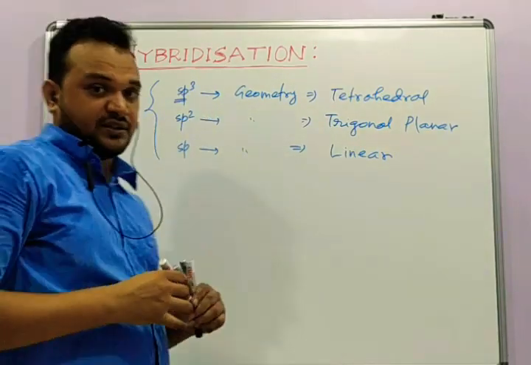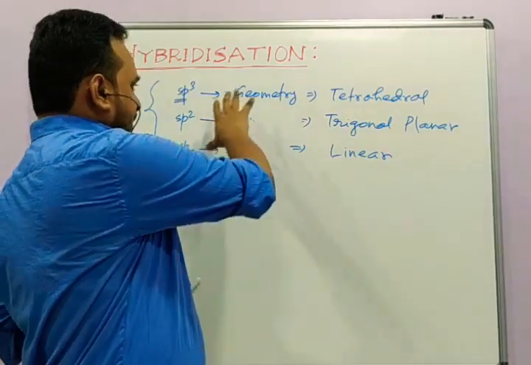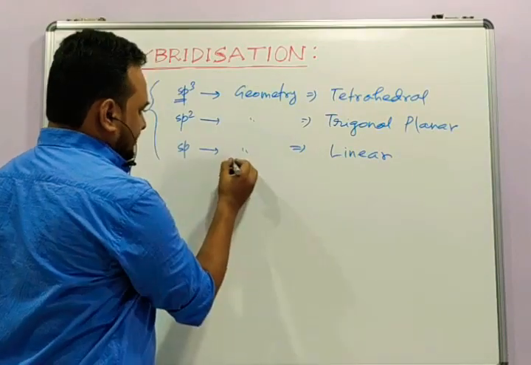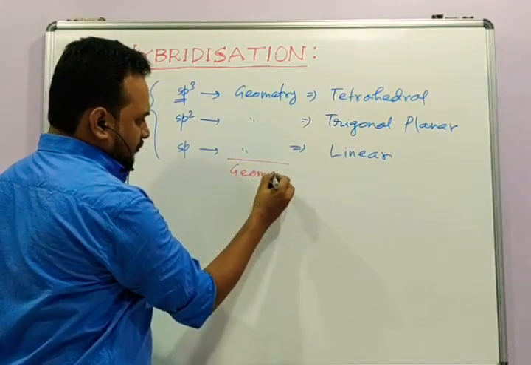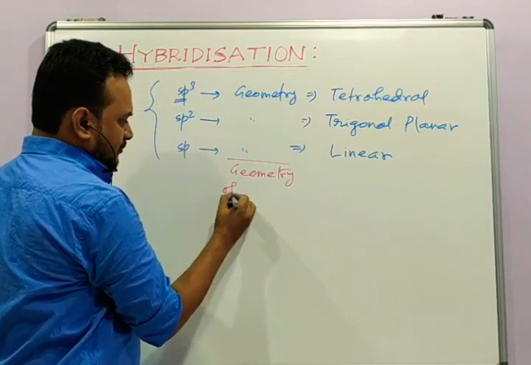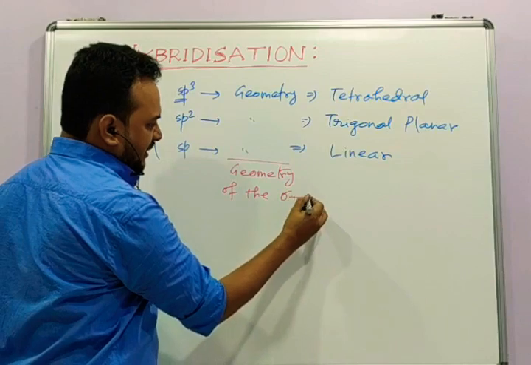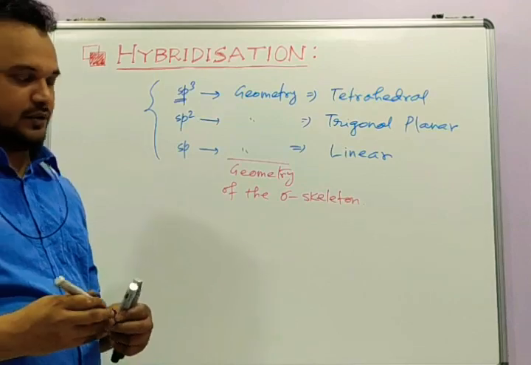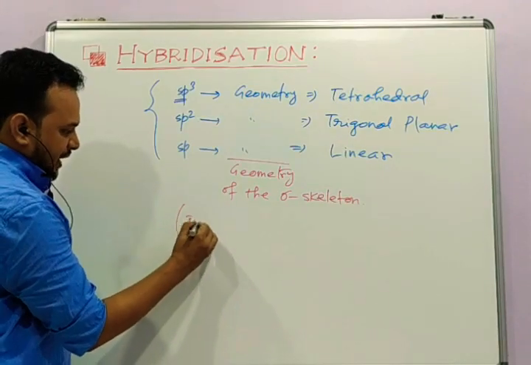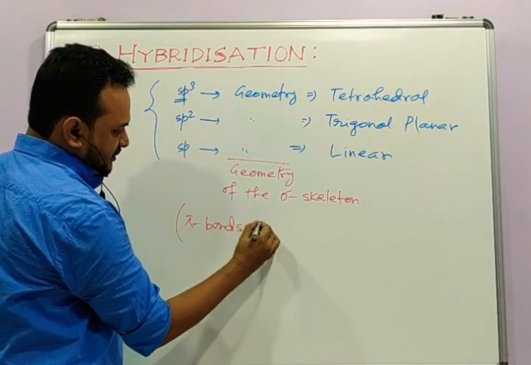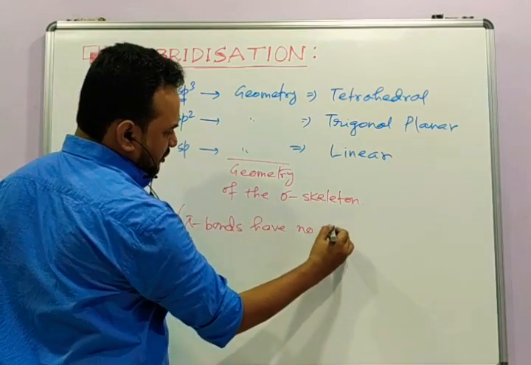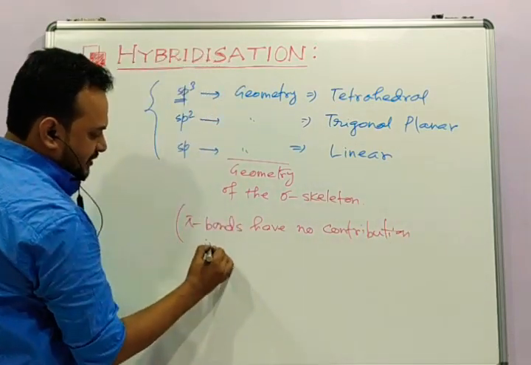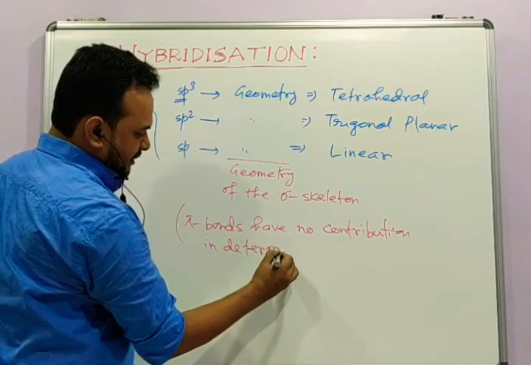Now remember one thing very clearly. When we are talking about geometry, it means the geometry of the sigma skeleton of the molecule. That means pi bonds have no contribution in determining the geometry.